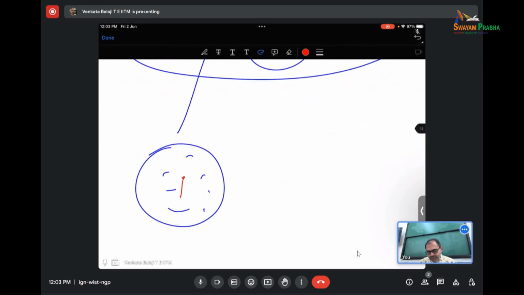These are pieces of thread which are knotted like this, and you put a net like this, and then you cover the whole thing. Basically what you have done is you have broken it into what is called a triangulation.